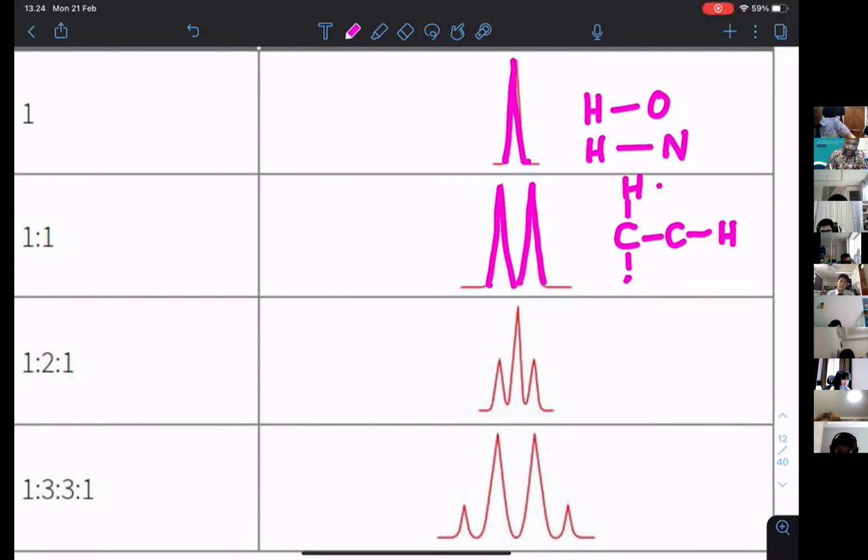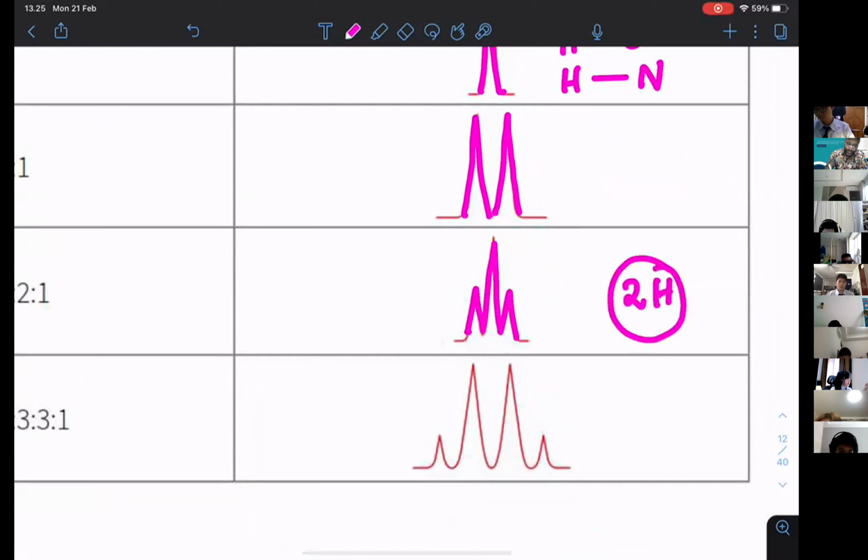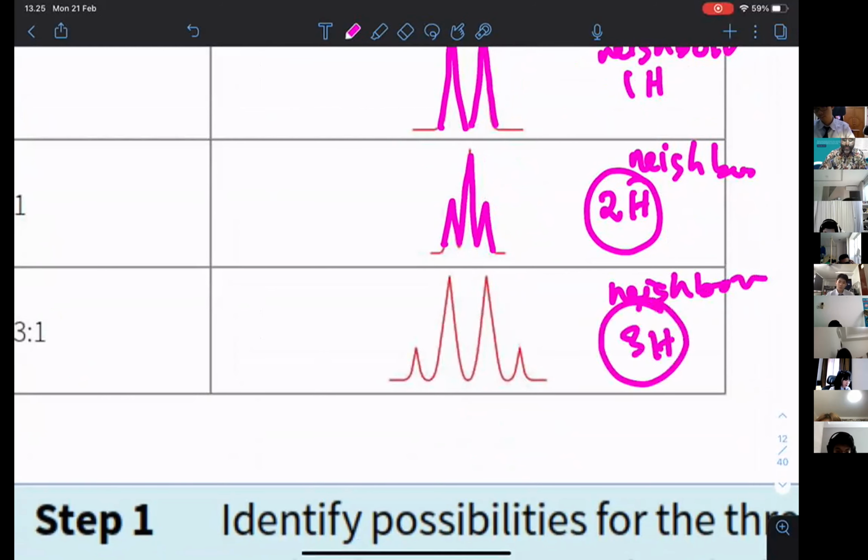So rather than drawing, I'll just tell you, 1 hydrogen neighboring. And here you are going to have 3. It means your neighbor has 2 hydrogen. Neighbor has 1 hydrogen. So neighbor has 3 hydrogen.